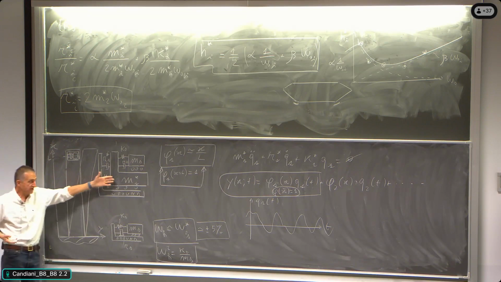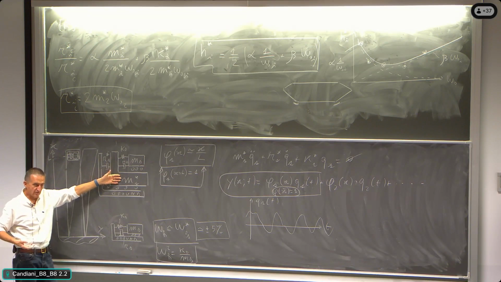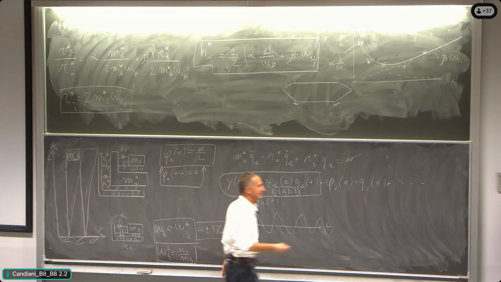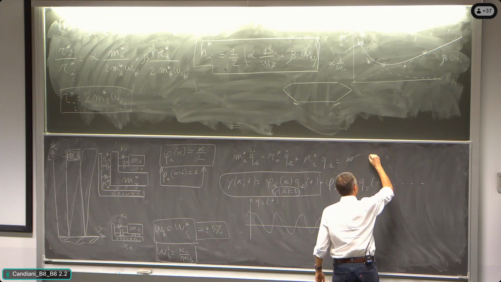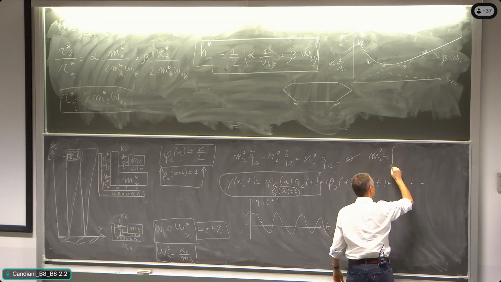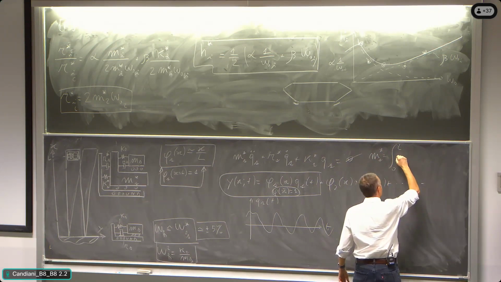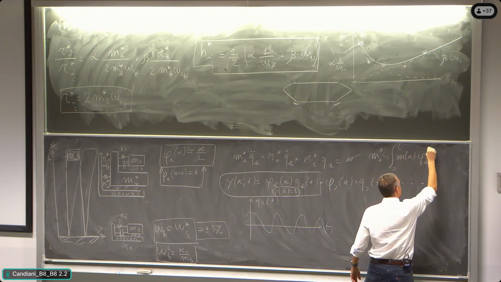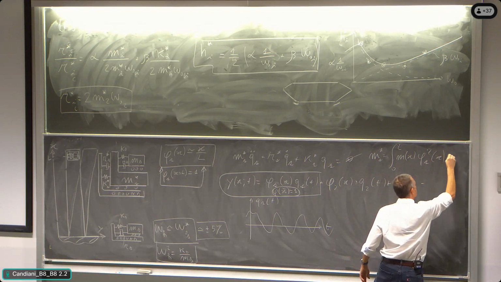But simply saying that I have a mass, that is the modal mass of the structure, calculated under this hypothesis, of course. And the modal mass, we have to remember that M star 1 is the integral from 0 to L of the mass function of x, phi 1 square of x, dx.